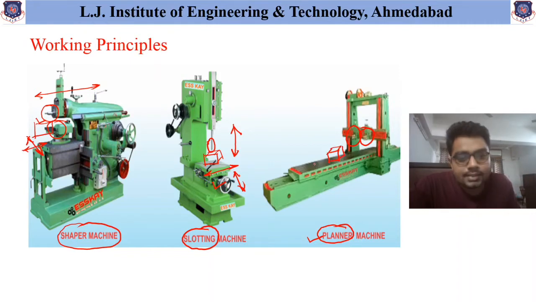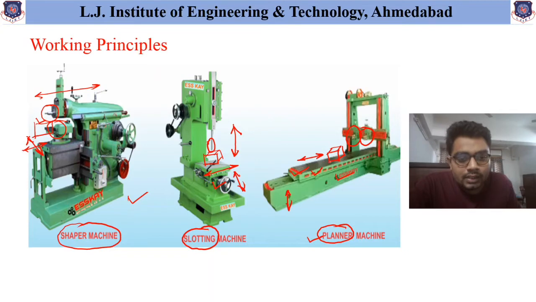The major difference between the Shaper and planer machine is that in the Shaper machine, reciprocating movement is given to the tool, whereas in the planer machine, reciprocating movement is given to the workpiece, and this entire table reciprocates about this particular bed.